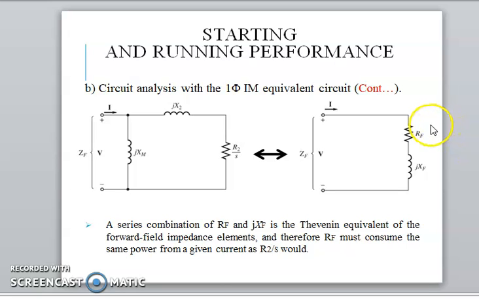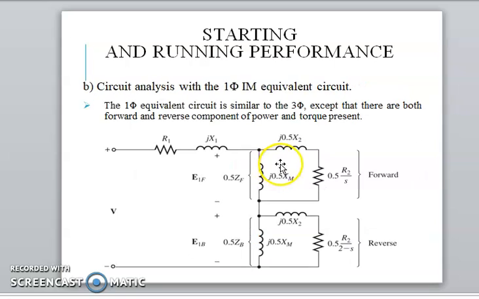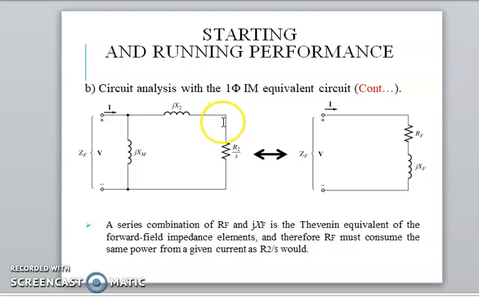Let's say we are taking the forward part. We shall replace the circuit with the Thevenin equivalent circuit, a series combination of RF and jXF, to represent the forward equivalent field elements.